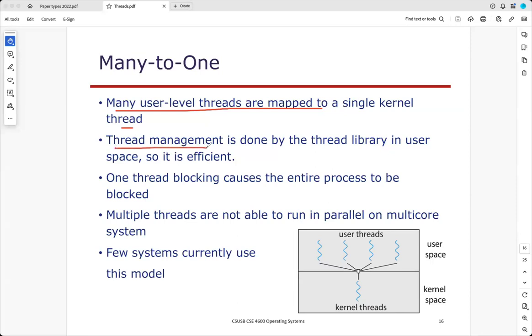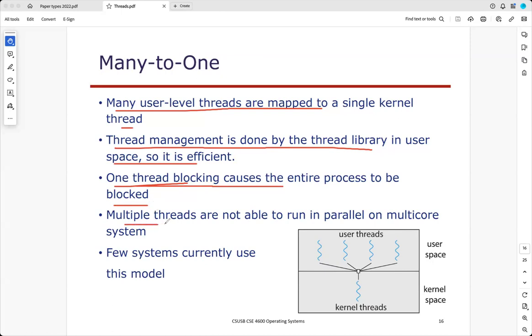The thread management is done by the thread libraries in user space, so it is efficient because thread management doesn't invoke the kernel. But the disadvantage of the many-to-one model is that one thread blocking causes the entire process to be blocked.